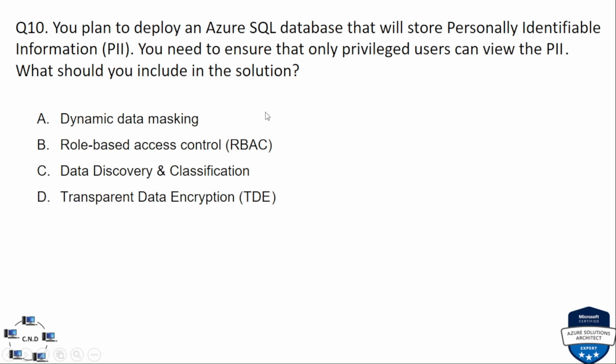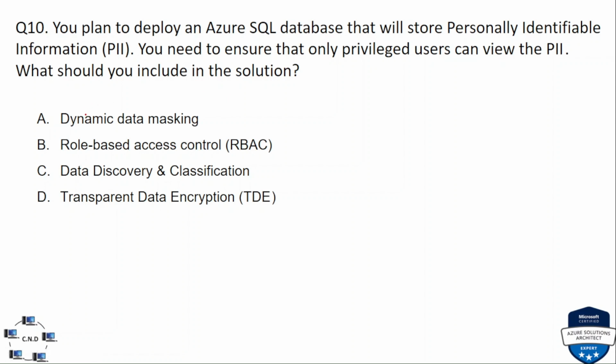You can pause the video and read the explanation for the previous question. Question number 10 is that you plan to deploy an Azure SQL database that will store personally identifiable information, that is PII. You need to ensure that only privileged users can view the PII. What should you include in the solution?